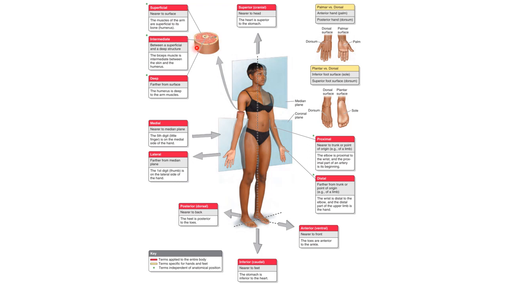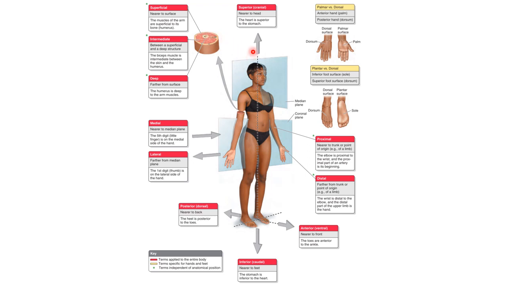So, let's describe using this illustration right here. The skin is superficial to the bone. On the other way around, the bone is deep to the skin. The muscle is intermediate between the skin and the bone.